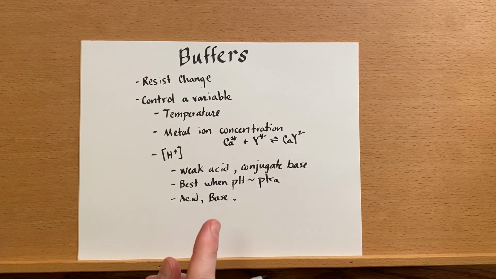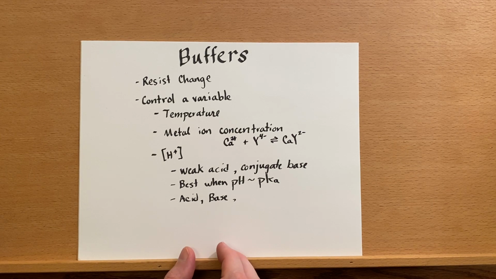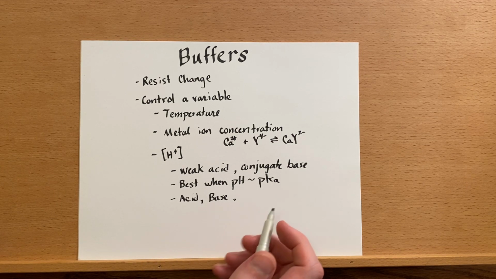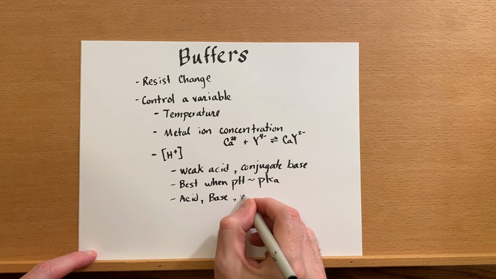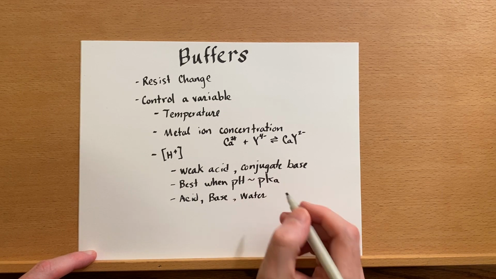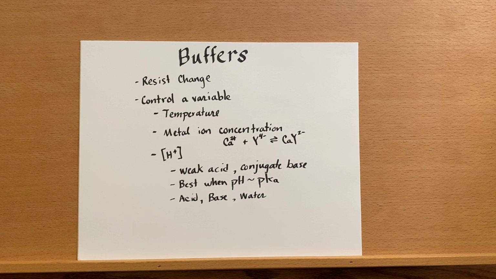Now, there's one more thing that we could do to this solution that wouldn't change the pH, and that is if we diluted it a little bit by adding water. You might think that adding water to a solution will not drastically change its pH.